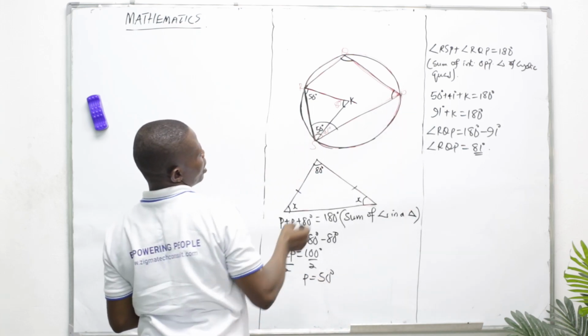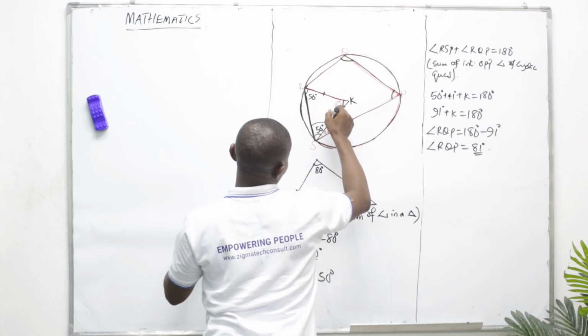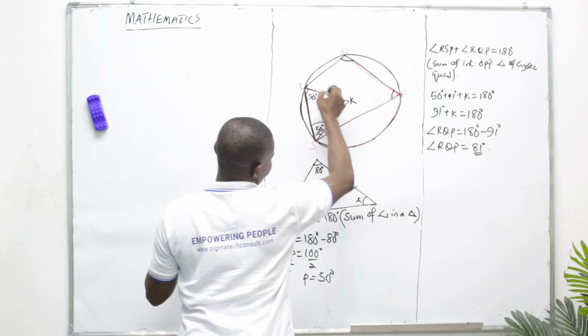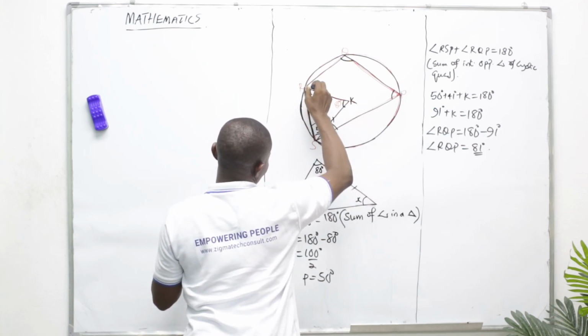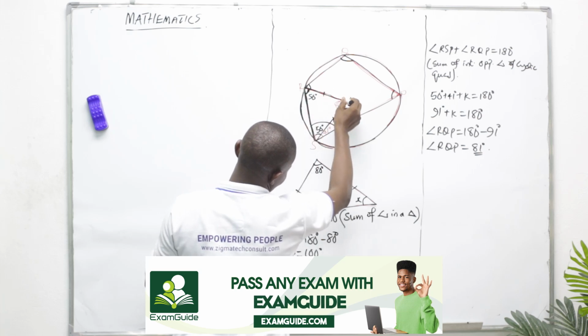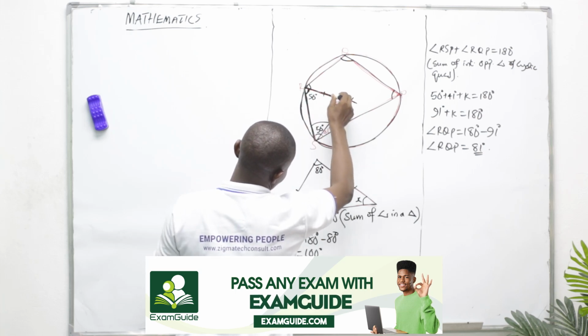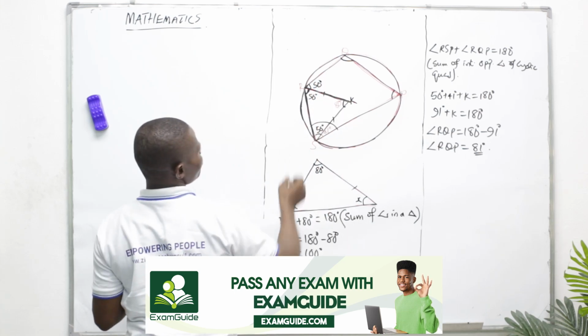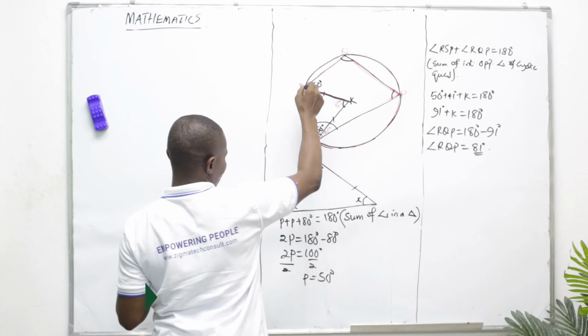Okay? Like I told you, this is an isosceles triangle. If this is an isosceles triangle, the internal angle is 50 degrees. It means the one outside there, this leg is what you are considering. Can you see the leg? It means also here is 50 degrees.